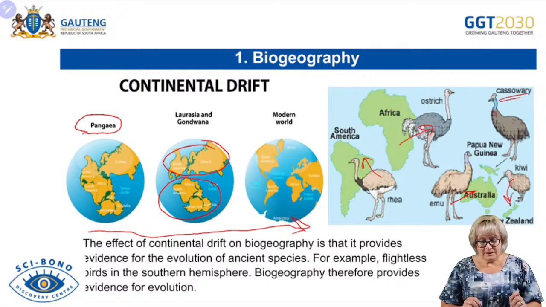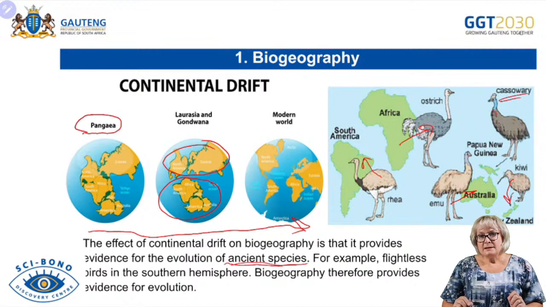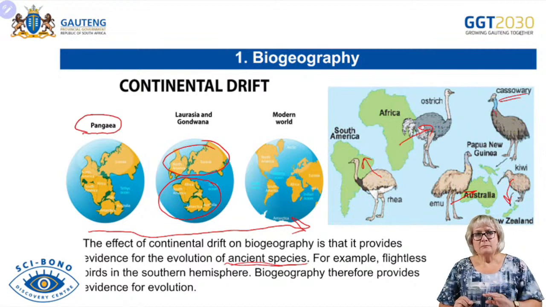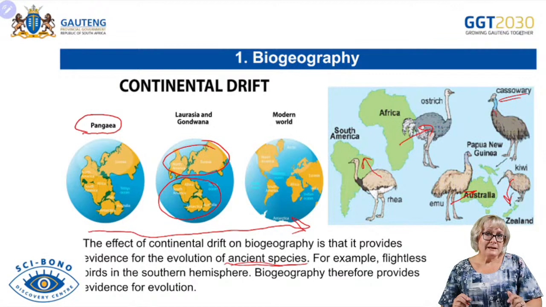So the effect of continental drift on biogeography is that it provides us evidence for the evolution of ancient species. It shows us that somewhere millions of years ago, there was only one of them. We call that the common ancestor.